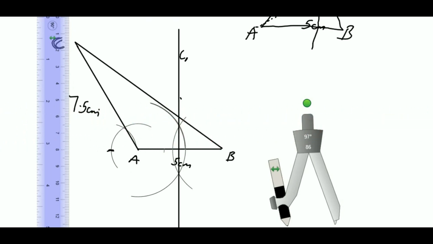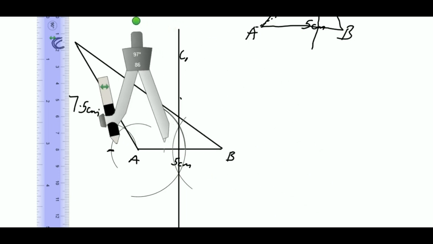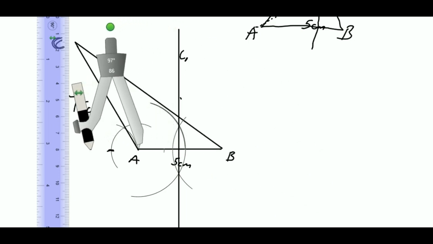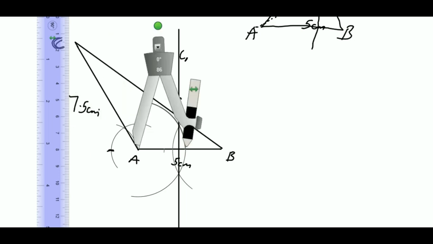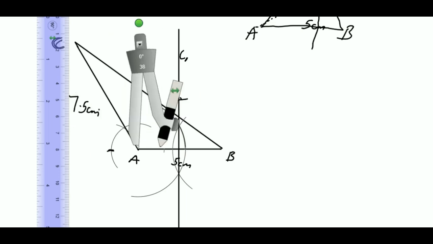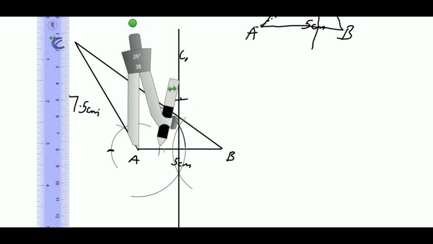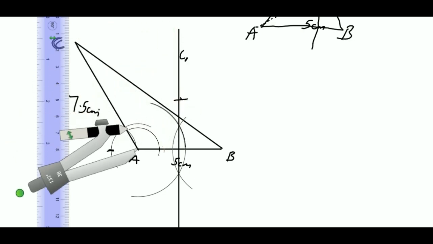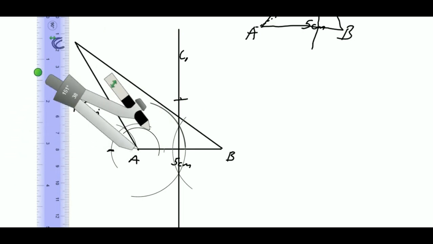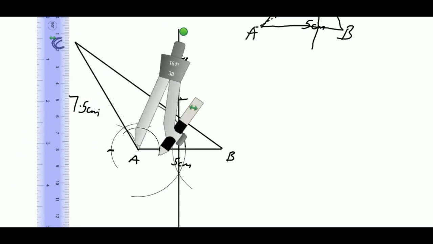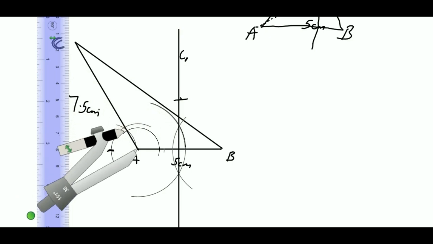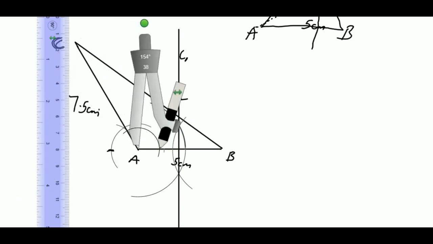So how do you bisect the angle? You bring your compass to the center of the angle, adjust your compass to a moderate radius, then do an arc to intercept the two lines holding the angle.